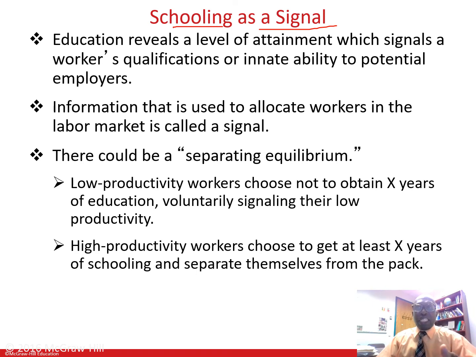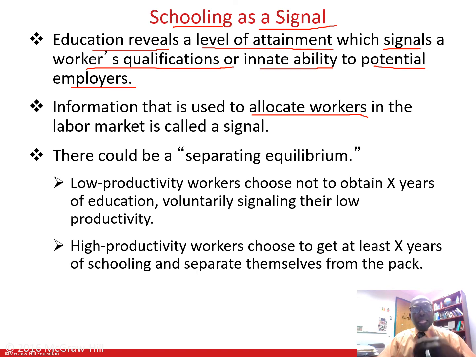An alternative argument is that education does not increase productivity at all, and the level of education reveals a level of attainment which signals worker qualification or innate ability to potential employers. Information that is used to allocate workers in the labor market is called a signal.